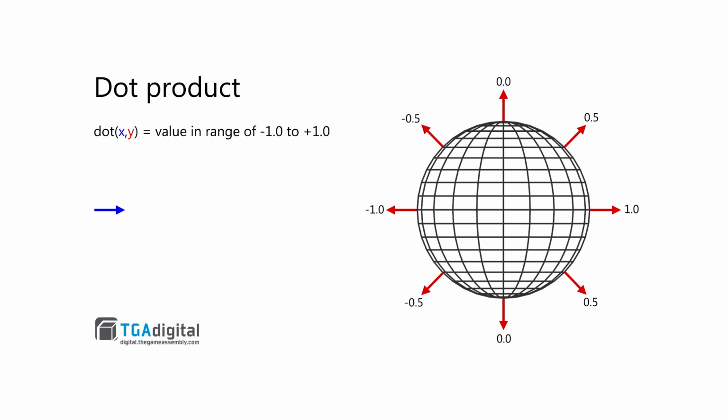And if you take these two vectors and do a dot product, you get a value ranging from -1.0 to +1.0. And if you look at the example image, you can see that the exact opposite vector of the blue one will get a value of -1.0, and a vector pointing in the exact same direction gets a +1.0.